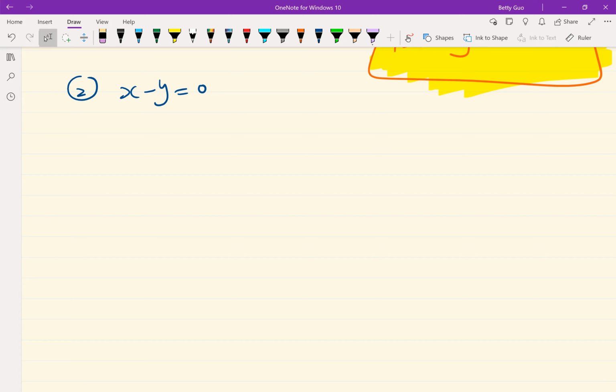In this case, the coefficient is negative 1, so you divide both sides by negative 1. You get y equals x. That's correct. Then you do graphing.